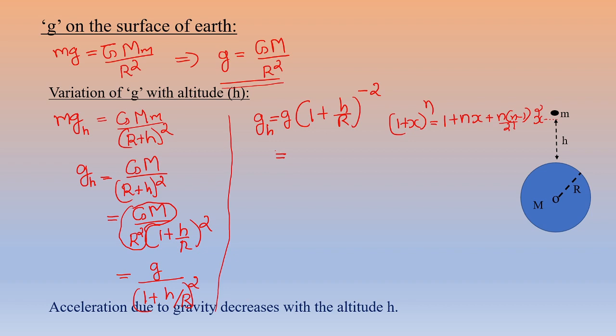So when we take the higher order terms, the value becomes very small, so we can neglect them. We are taking only the first order terms. So g_h is equal to g into (1 - 2h/R).